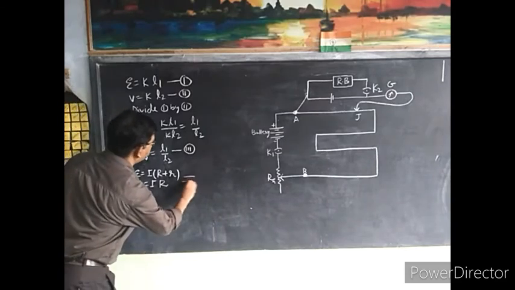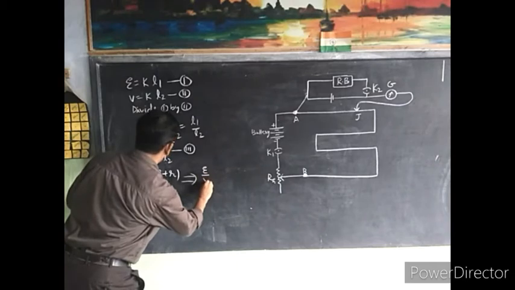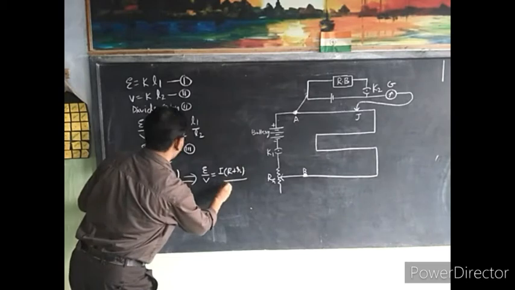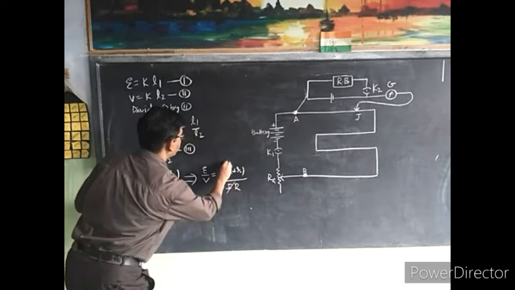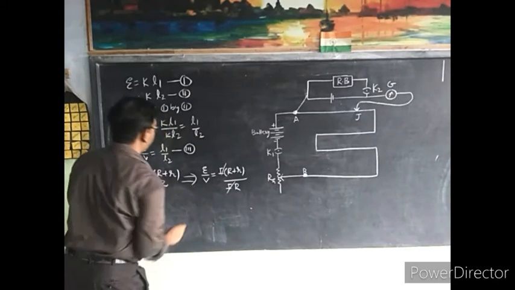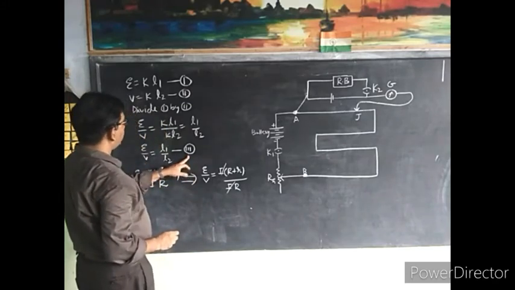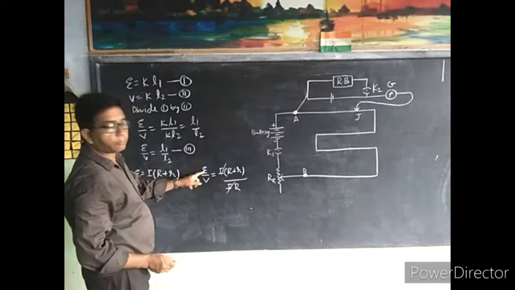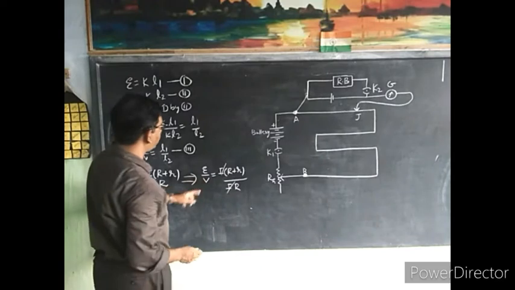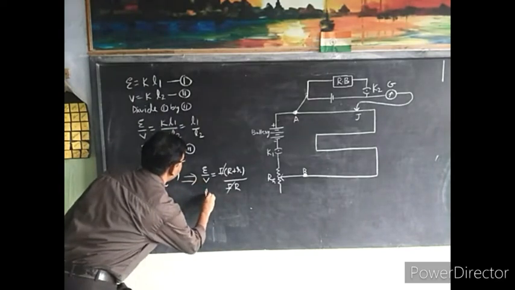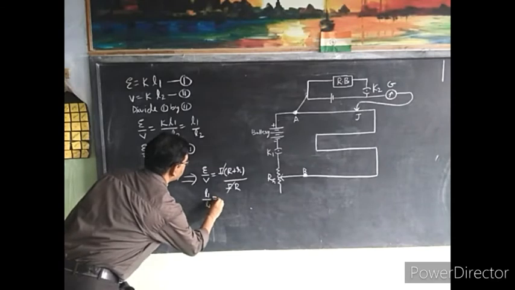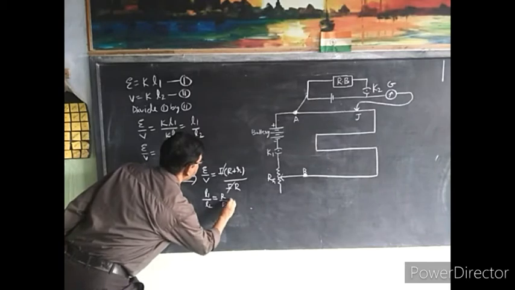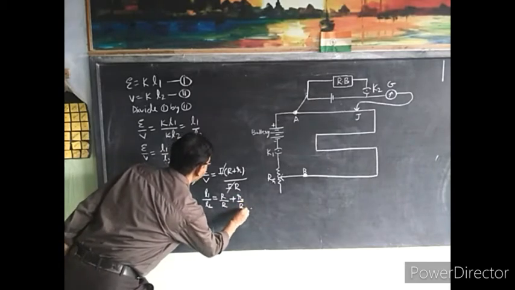Then E by V is equal to I(R plus r) upon IR. We know from the third equation that E upon V is equal to L1 upon L2. Then we put L1 upon L2 in place of E upon V, so L1 upon L2 is equal to (R plus r) upon R.